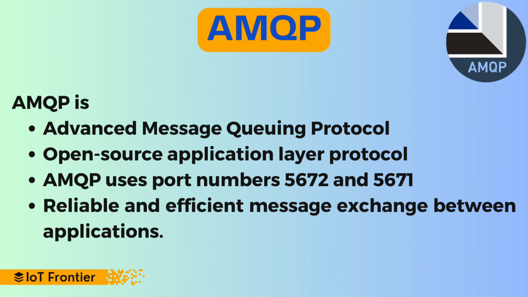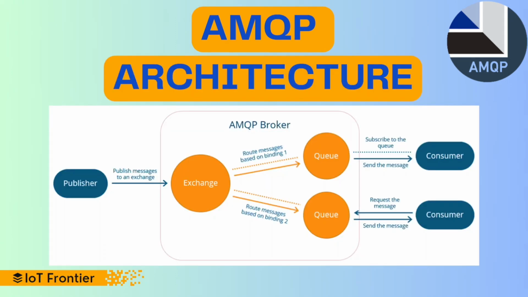AMQP relies on a message broker like RabbitMQ to manage message routing, delivery, and persistence. The broker acts as an intermediary, ensuring seamless communication between producers, that is publishers, and consumers, those are called subscribers.